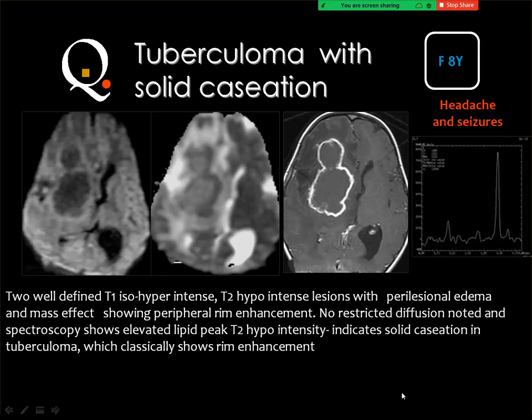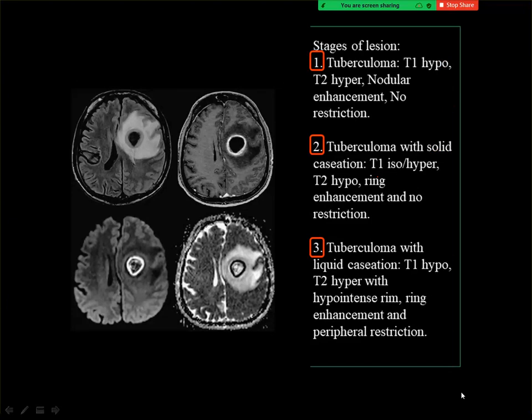Then if you say that this is a fungal abscess, you are right. If you say that this is a tuberculous abscess with a solid caseation, you are right. This is very important, of course, because the tuberculous abscesses as well as the fungal abscesses may pass into these forms.